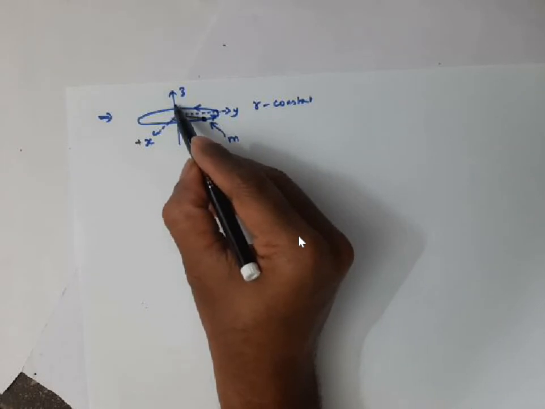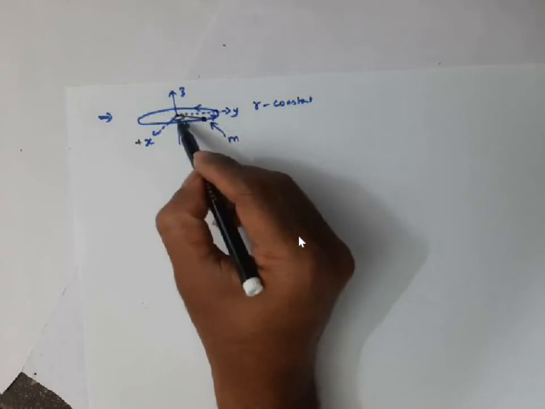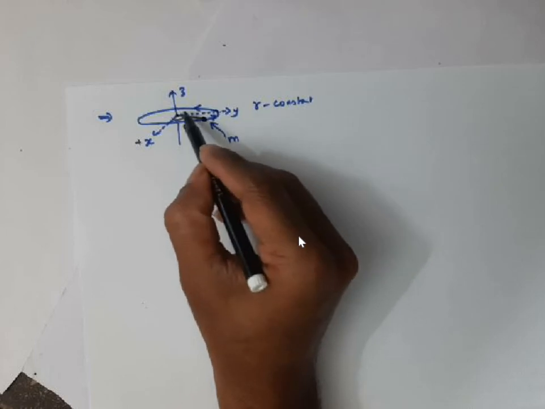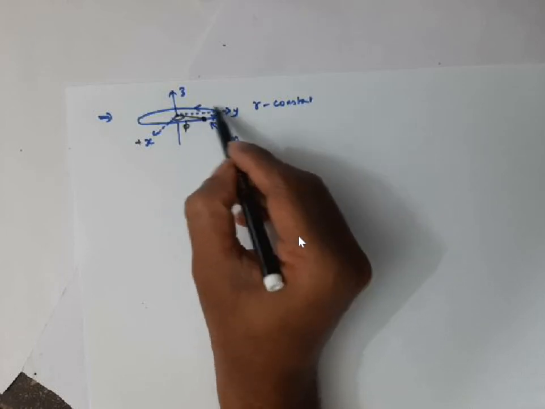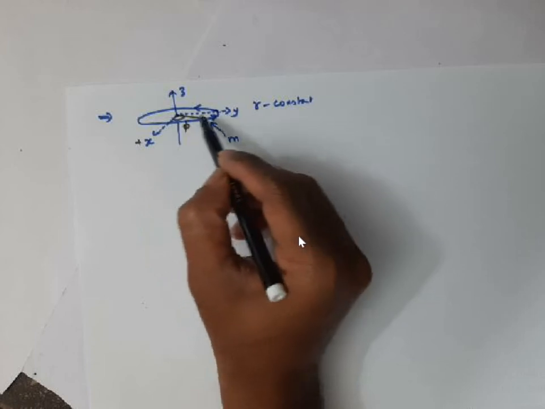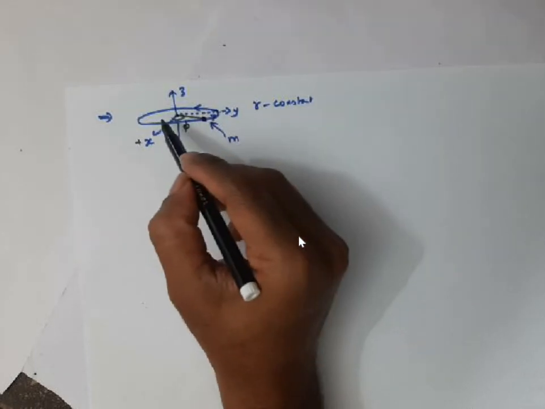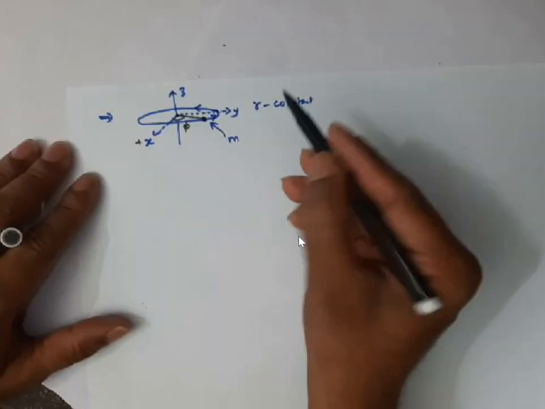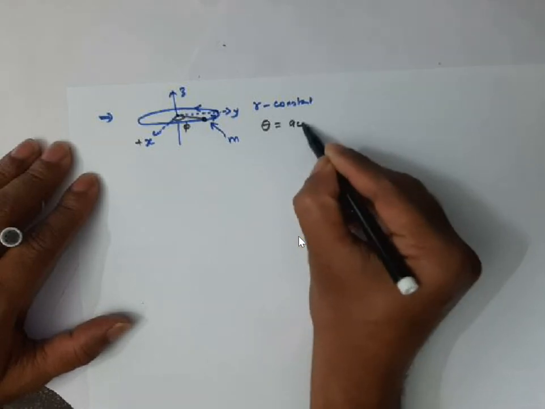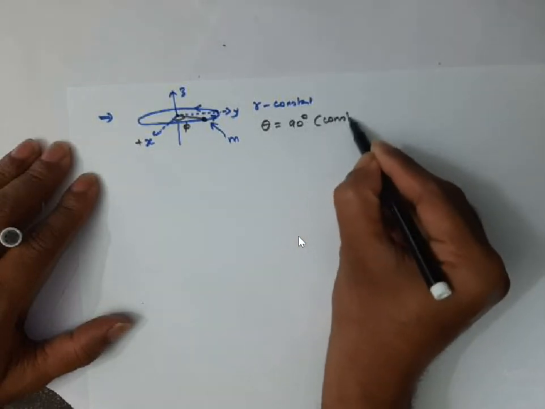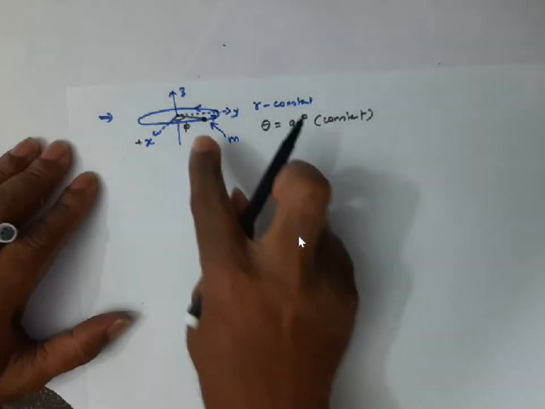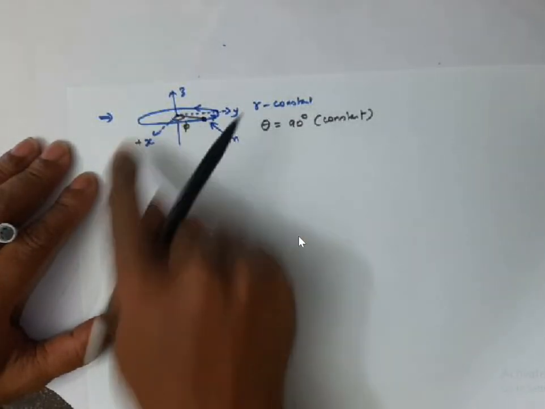Theta is the angle between plus z axis to this line, and this theta angle is 90 degree. As long as the particle moves only in this plane, theta value remains constant. So here theta is 90 degree, which is a constant. That means this particle is moving only in xy plane.